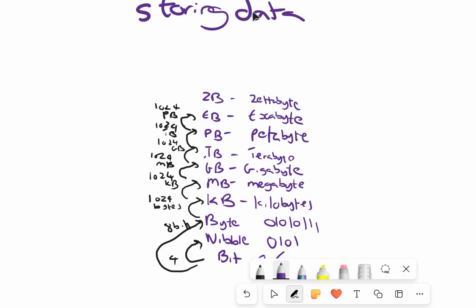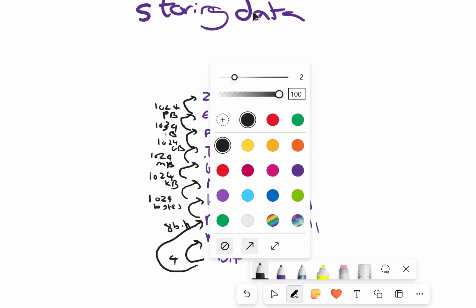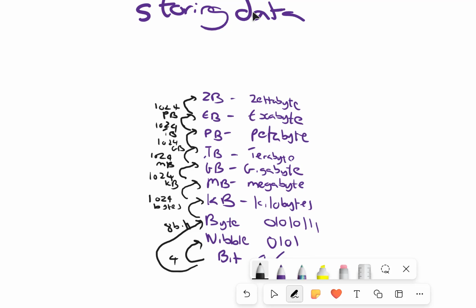That is 1024 exabytes. And the final one is yottabyte. And that is 1024 zettabytes.